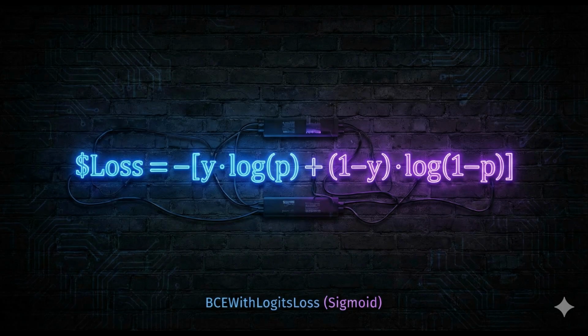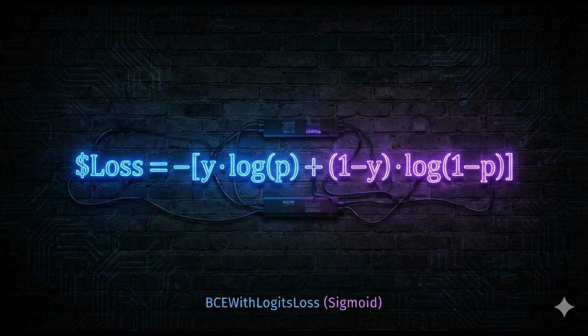For the loss function, the way the model measures how wrong it is, I used BCEWithLogitsLoss. This stands for binary cross entropy. I chose the with-logits version because it combines the sigmoid activation and the loss calculation into one mathematical step. This prevents numerical overflow issues where the computer runs out of floating point precision when dealing with very confident predictions.